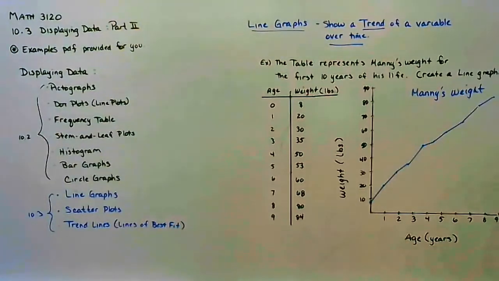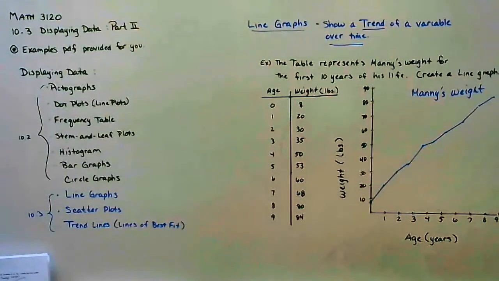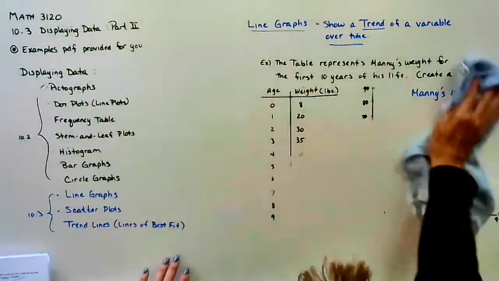Now a scatter plot. Scatter plots are pretty interesting because scatter plots look at the overall trend. Okay, so it's not an individual data point, it's a cluster of points. So let's take a look at a scatter plot. The name kind of implies that things are scattered everywhere.